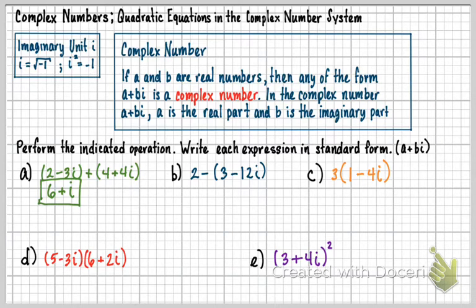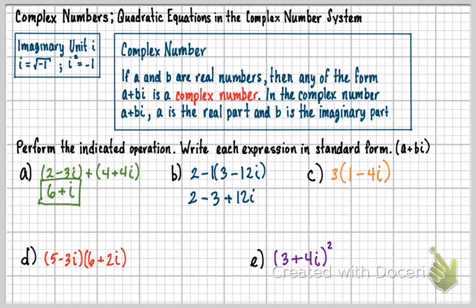All right, now for the next one here. This one's a little different because this first complex number only has a real part. So this is really 2. And for this second one, I'm not going to treat the minus like a minus. I'm going to distribute it through here, if that's okay with you. So this is really going to be minus 3 plus 12i, because I can put a 1 here and then distribute it through.